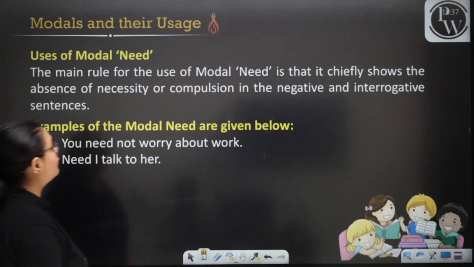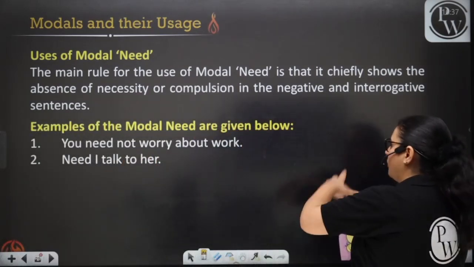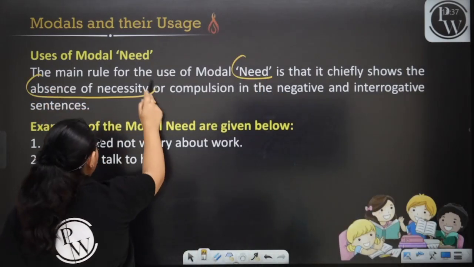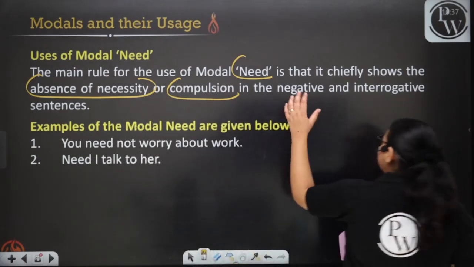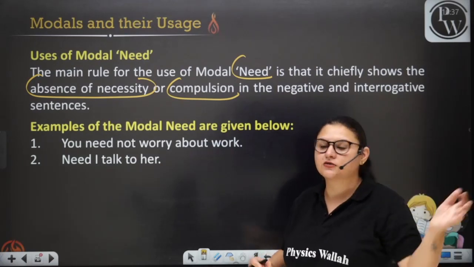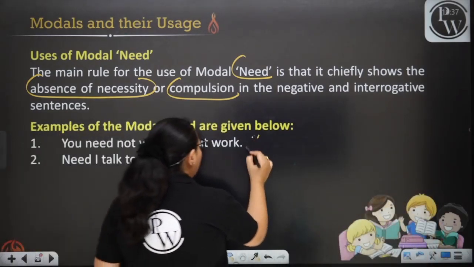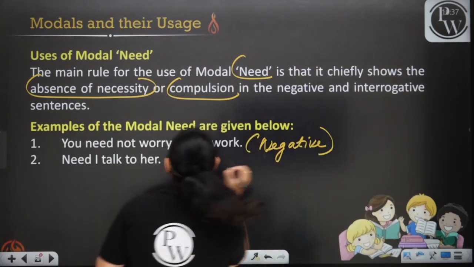Now, in the case of need, the main rule for the use of modal need is that it is used when there is an absence of necessity, when the thing is not compulsory, especially in negative and interrogative cases. You need not worry about the work. Now, this is a negative sentence. You need not worry about it.